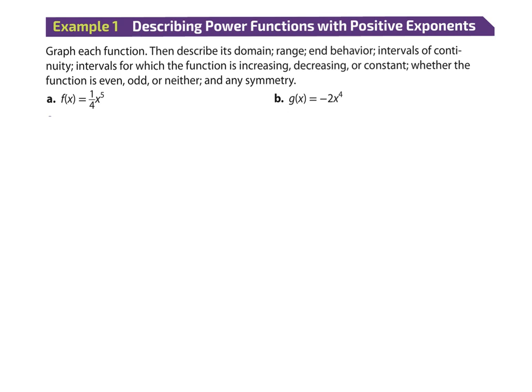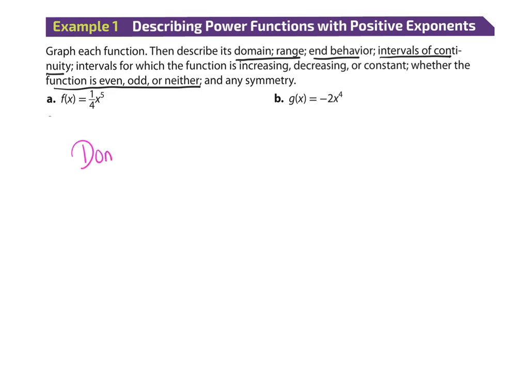All right, and we're going to do just a few of these. So we're going to pull a little bit of them out. We're going to look at domain and range and end behavior. And we can at this point look at continuity. All right, and then we're going to jump to, is it even, odd, or neither? Even, odd, or neither. So let's look at these.